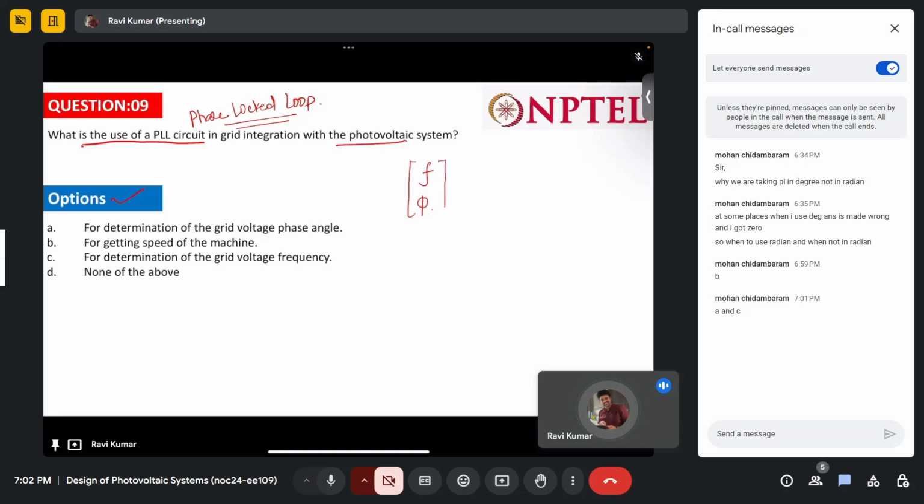So it determines the grid voltage phase angle. Is it getting the speed of the machine? Which machine? No. For determination of grid voltage frequency, yes. So these are the two components obtained by this PLL circuit, and A and C are the correct answer.